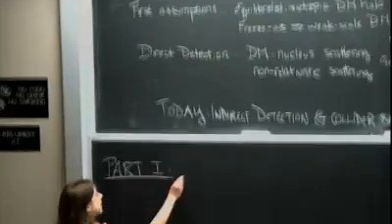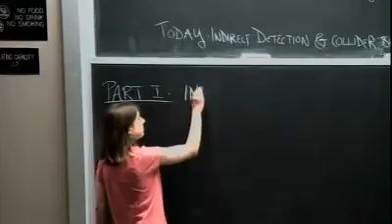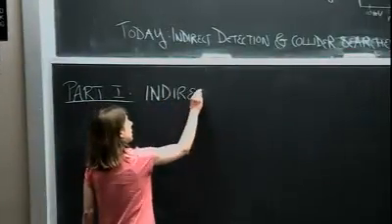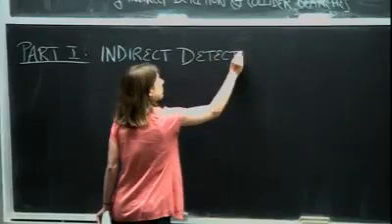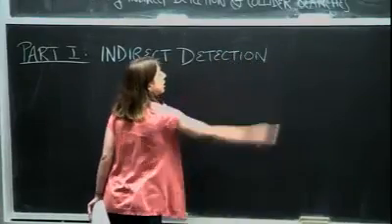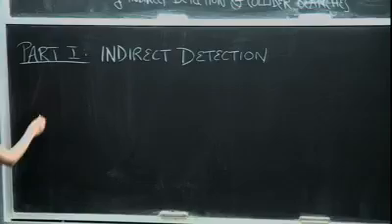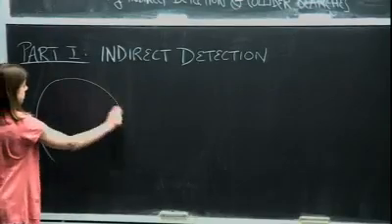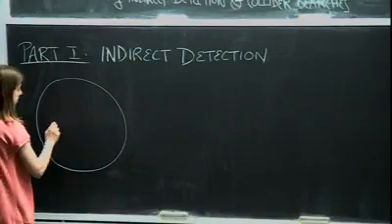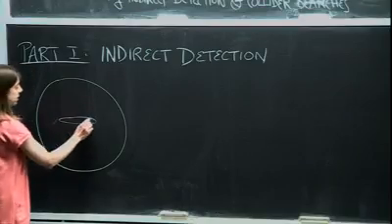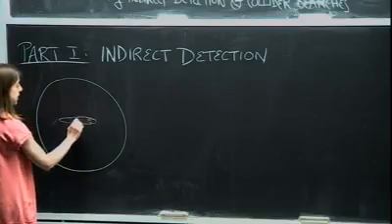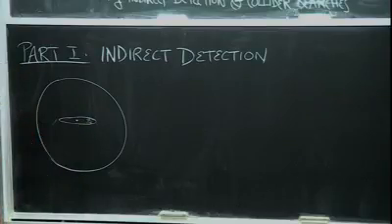All right, so part one today is indirect detection. And what this class of experiments is looking for are interactions of the dark matter in the Milky Way halo. So here's our halo. Here's the disk. Here's the sun, and the galactic center is there.